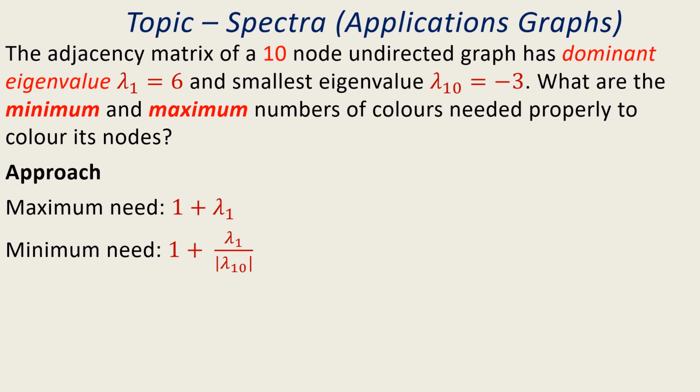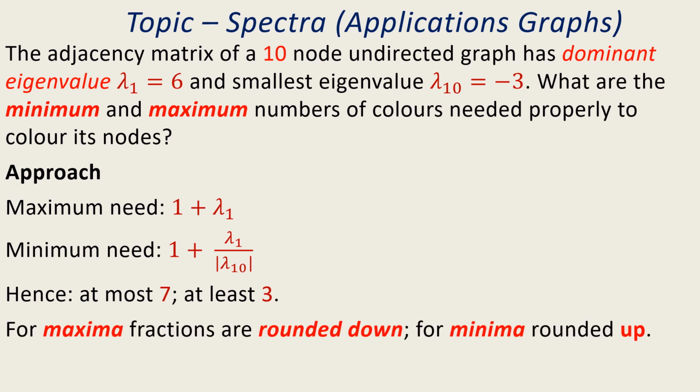So we apply it in this case: 1 plus lambda 1, 1 plus 6 is 7. We need at most 7 colors, and we need at least 1 plus 6 divided by 3, 1 plus 2, which is 3. At most 7 colors, at least 3.